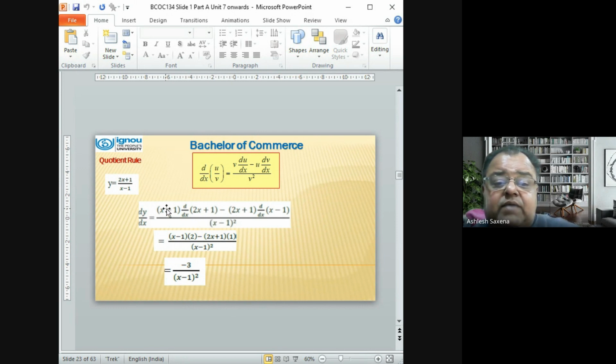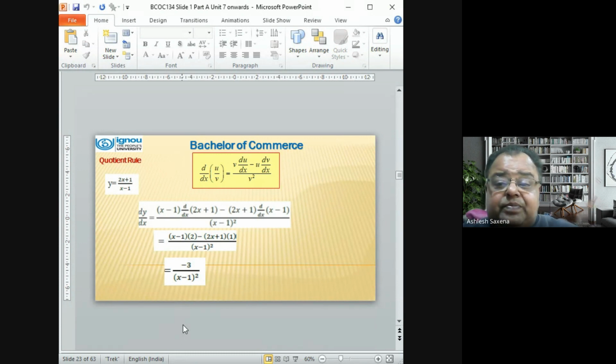This part will come over here, derivative of the numerator here, minus now the numerator into derivative of the denominator. x minus 1 as it is, derivative of 2x will be 2, constant will be 0, leave it, minus this bracket into derivative of x will be 1, and derivative of constant will be 0. Open it up and solve it. Add like terms and proceed.